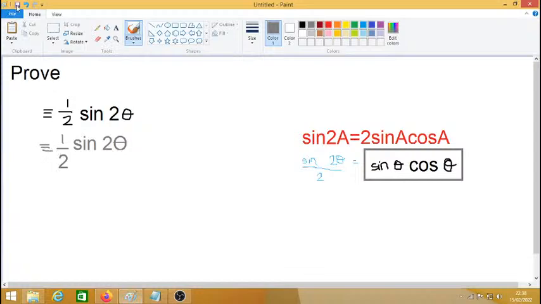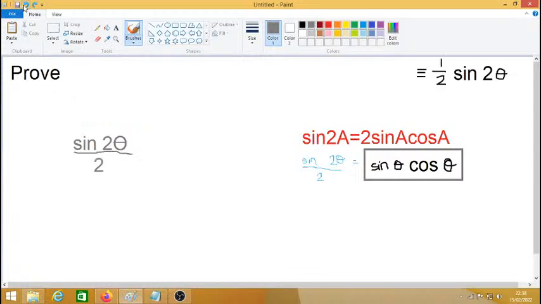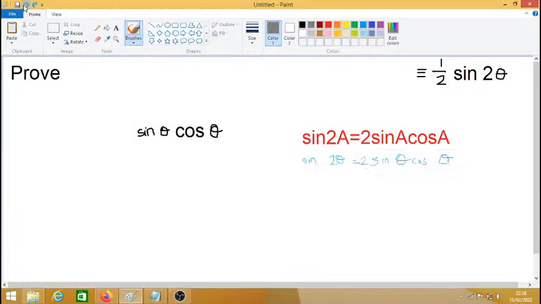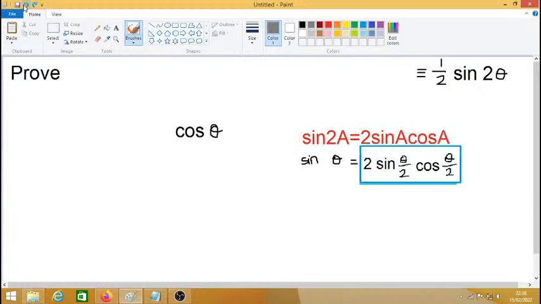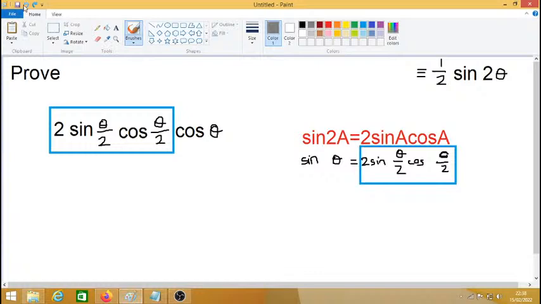So just to make sure you got that, let's just quickly revisit. The key was to look at what we're starting with and see that the sine 2a formula is going to help because the right hand side looks very similar to what we've got at the front here. We just have to think carefully about, hold on, what's my a going to be?